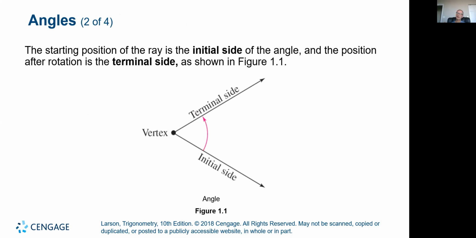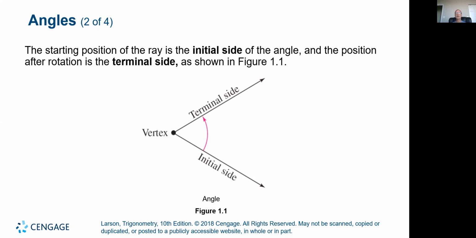And you can see some definitions. Don't worry too much about initial side, terminal side, vertex, etc. But the idea of that opening, the pink or red line in between there, is the idea of an angle.